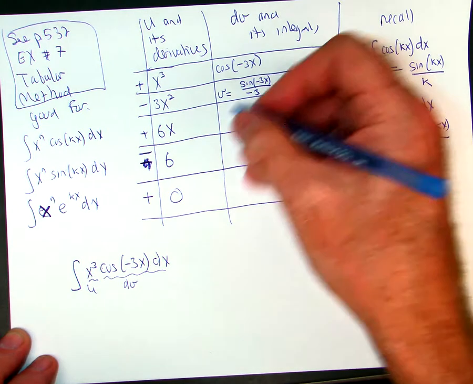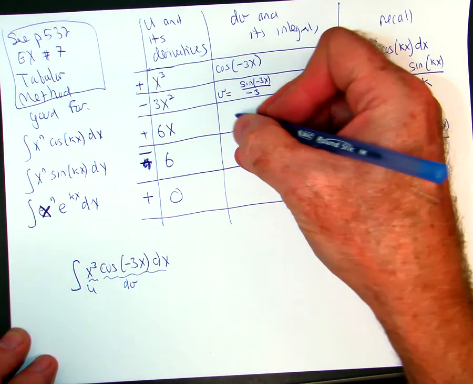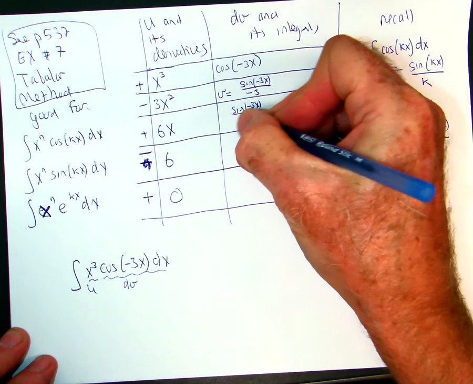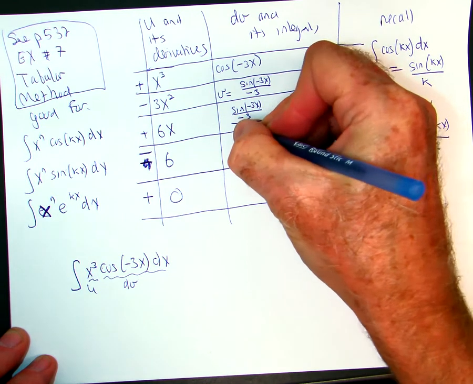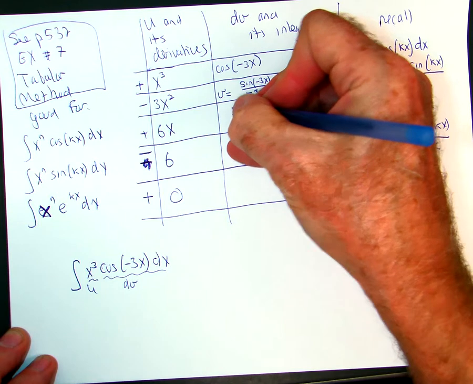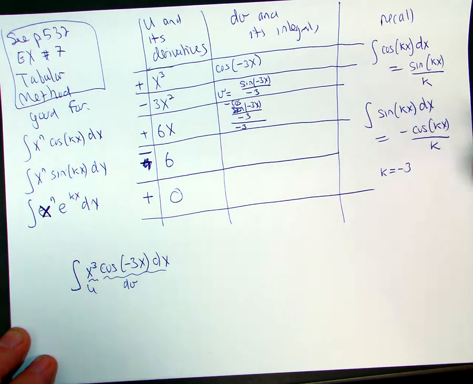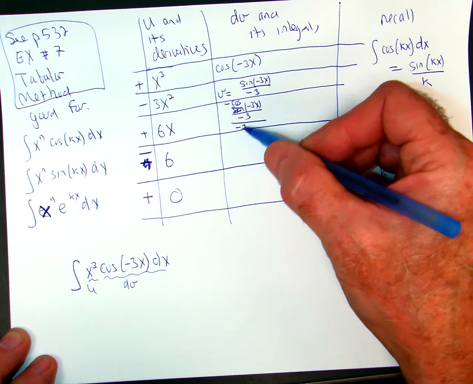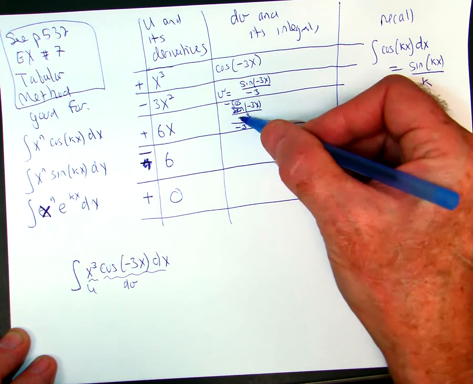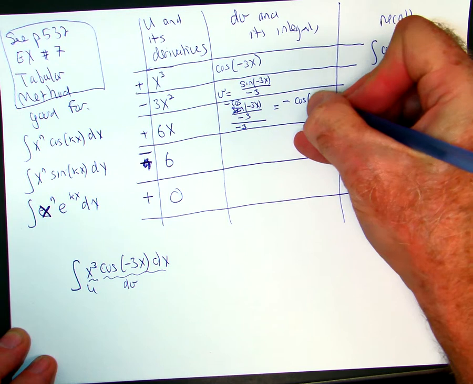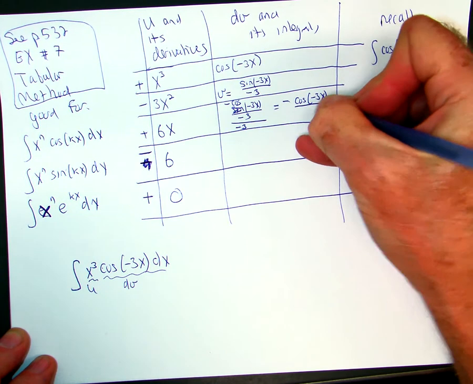Now I integrate sine kx, and I'm going to get minus 3x over minus 3, but it's already over this minus 3. I'm sorry, integral of sine is minus cos. So that's going to turn into a 9, and I get 1 minus cos minus 3x over 9.